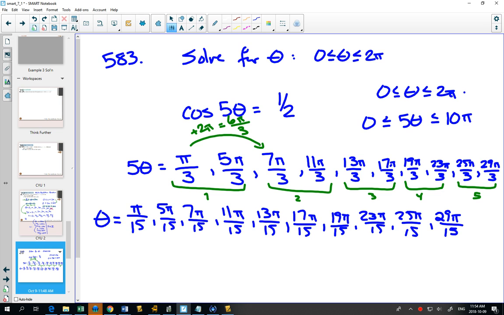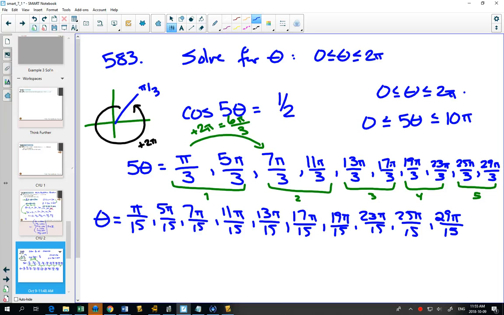If I'm going from pi over 3 to 7 pi over 3, those are coterminal. They end in the same place. That means I would start at pi over 3, which is right here, I would add 2 pi to that, and then I would end in the exact same place.